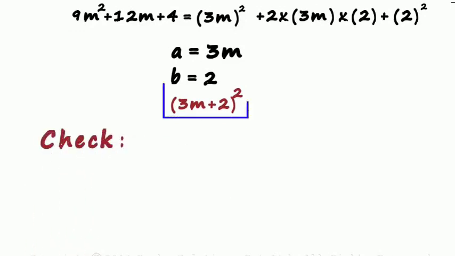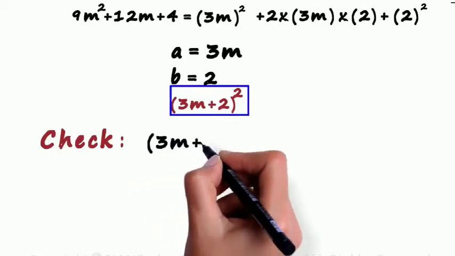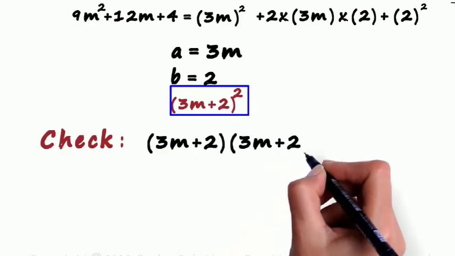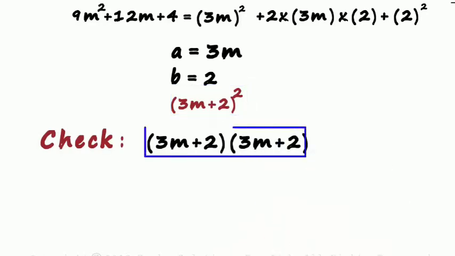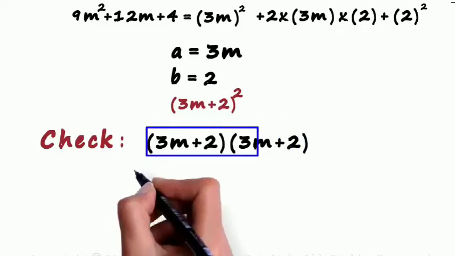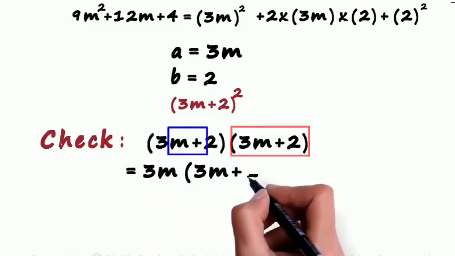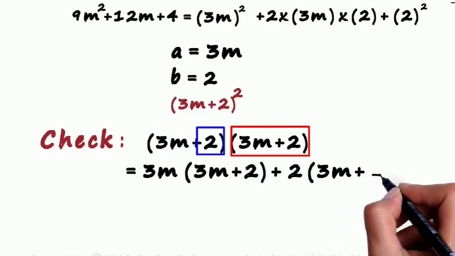Now let us check this answer. 3m plus 2 whole square can be written as 3m plus 2 times 3m plus 2. Whole square means we write it 2 times. Now we need to multiply. 3m is multiplied by 3m plus 2, and plus 2 is also multiplied by 3m plus 2.